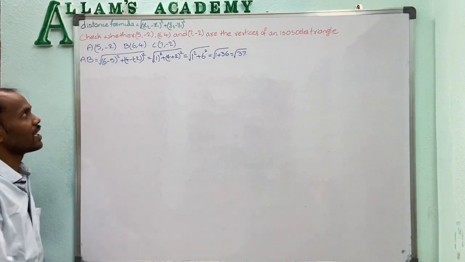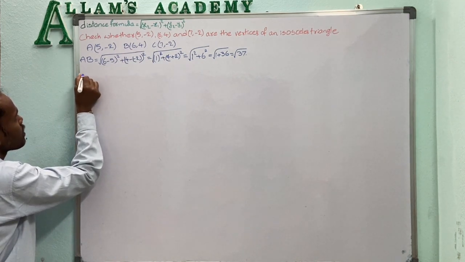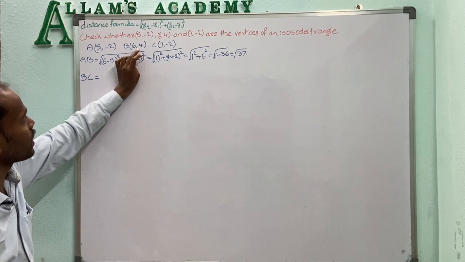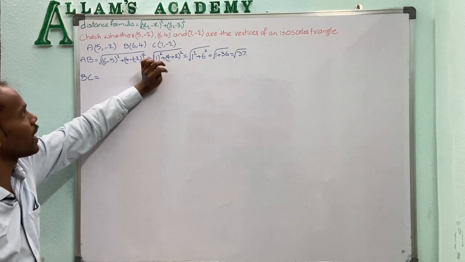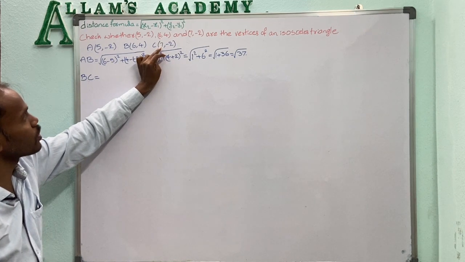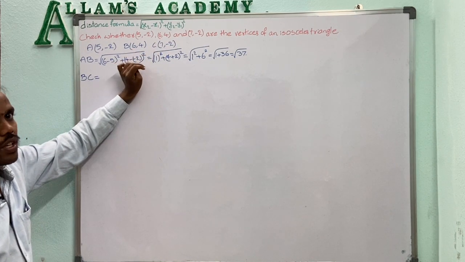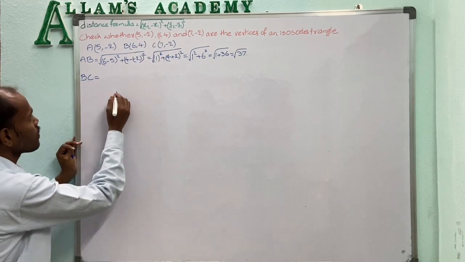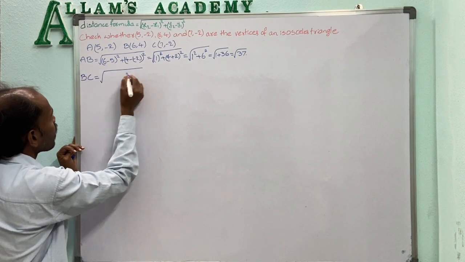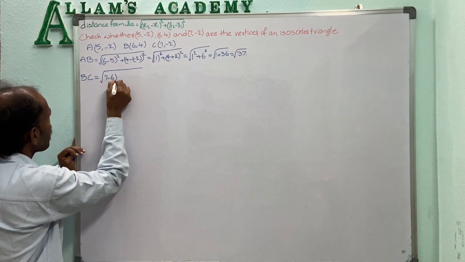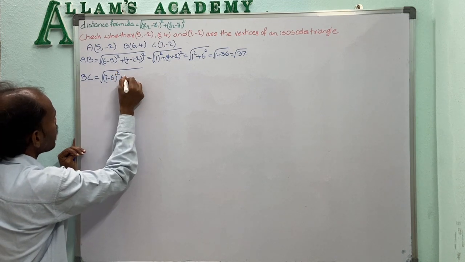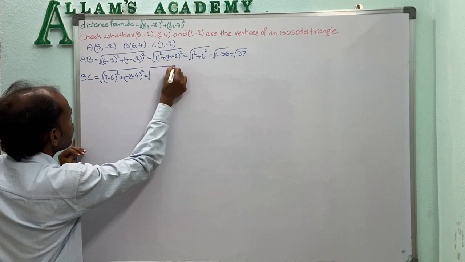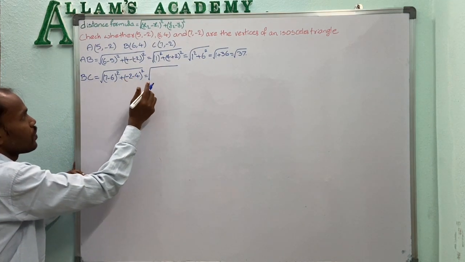Now find the length of BC, that means the distance between the points B and C. Here point B will be taken as x1, y1 and point C will be taken as x2, y2. That means under root (7 minus 6) whole square plus (minus 2 minus 4) whole square. 7 minus 6 is equal to 1 and minus 2 minus 4 equals minus 6.